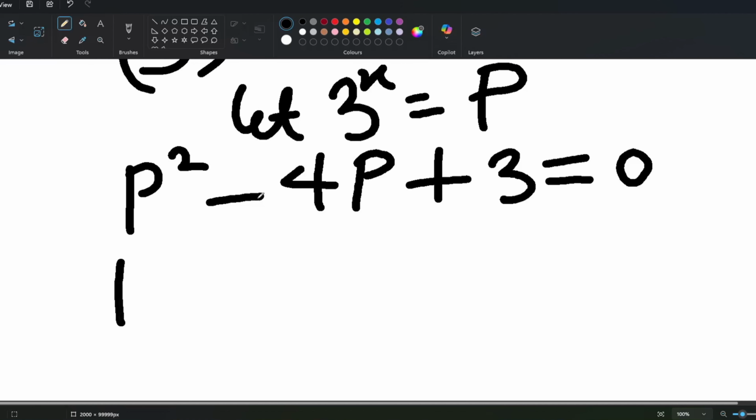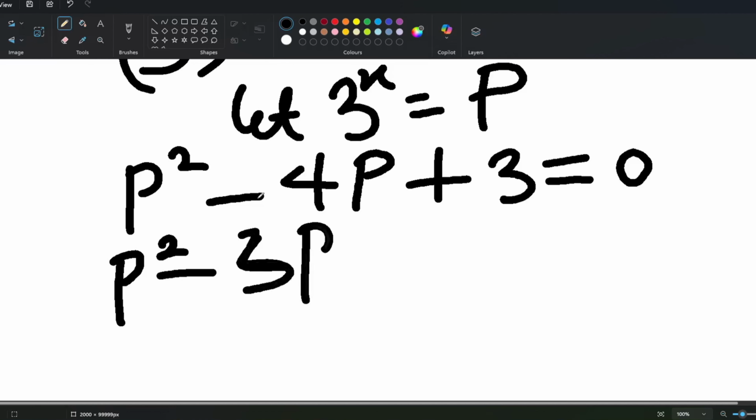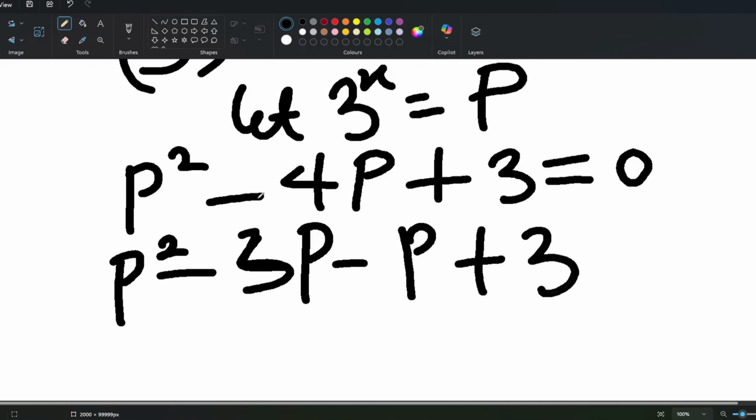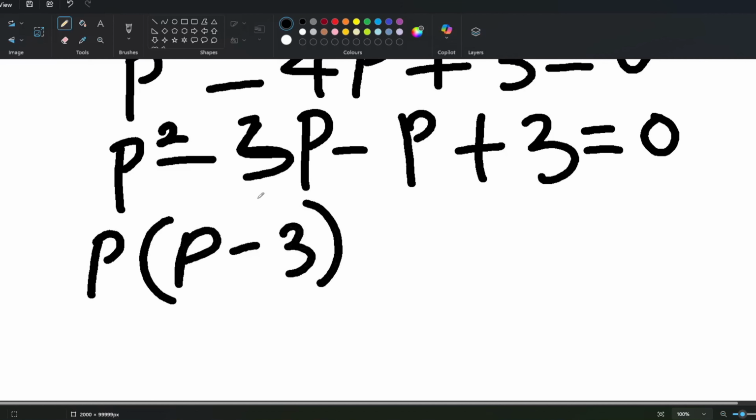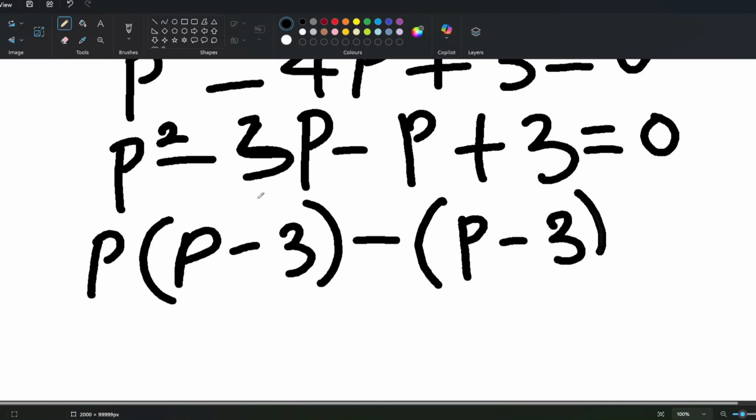So that becomes p squared minus 3p minus p plus 3 equals 0. And now that we have this, p is common, we can bring out p from here, so it becomes p minus 3, and if minus 1 is brought out from this, it becomes p minus 3 equals 0.